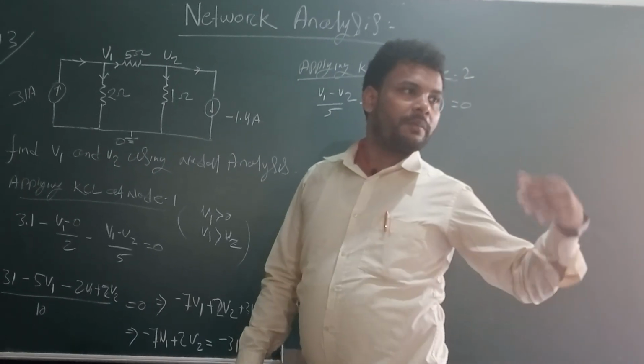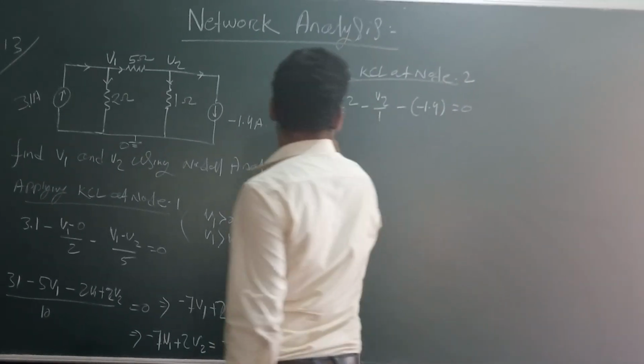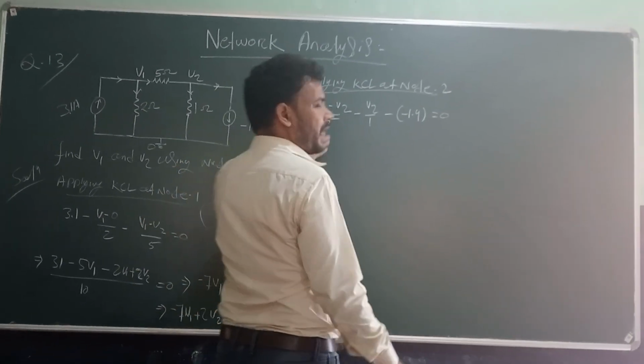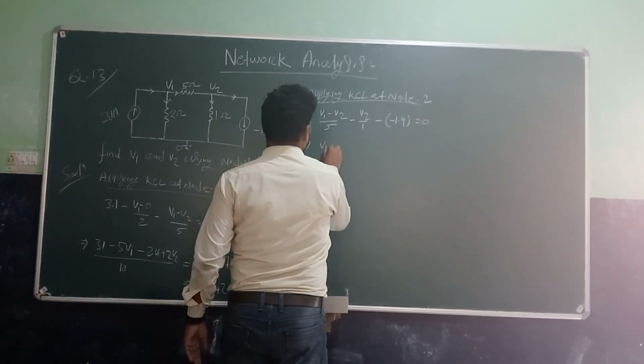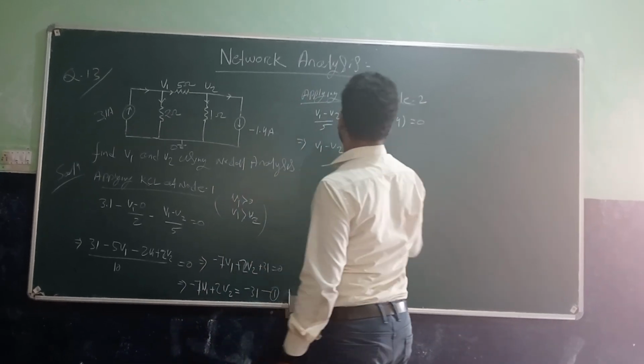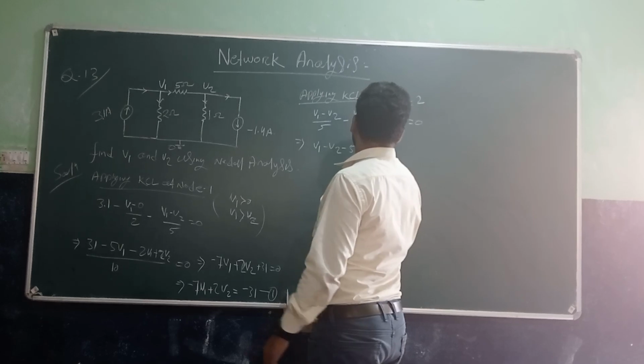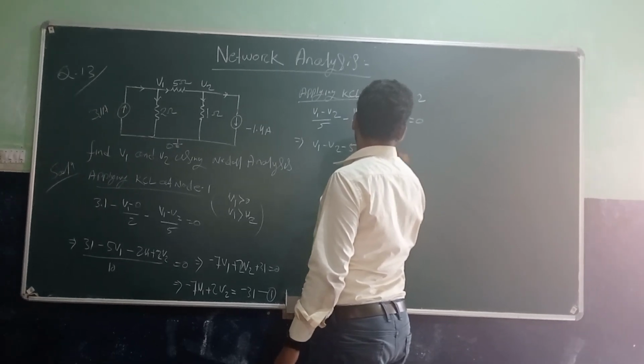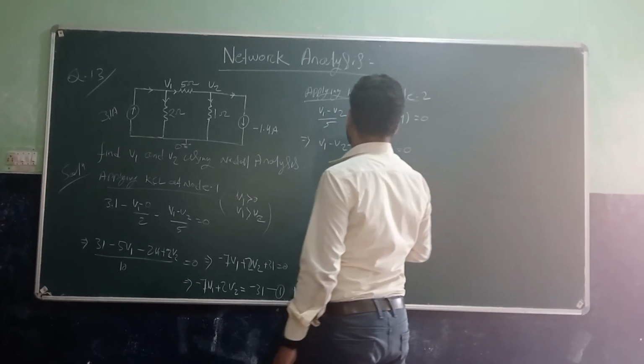Minus of minus 1.4. Here taking LCM 5: V1 minus V2 minus 5V2. This is minus minus plus, yes or no? Plus 7 equals 0.